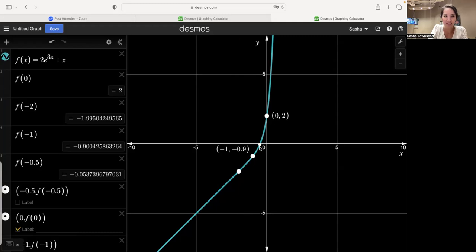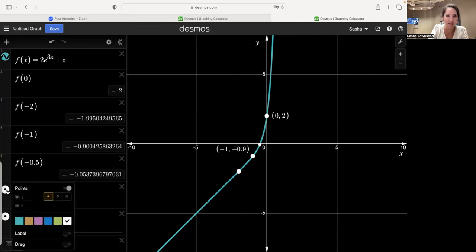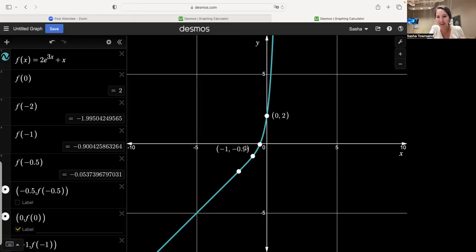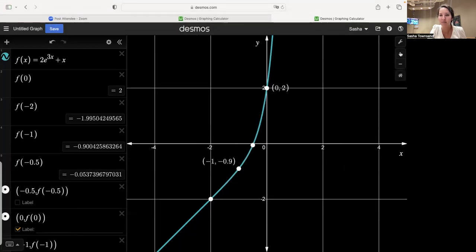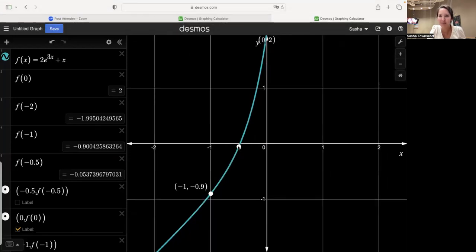And that's close. It looks like that might even be our 0. It's not quite right, but maybe we should zoom in a little bit. See, it's a little bit lower than that 0 line. And we know that the y value here is approximately negative 0.5.